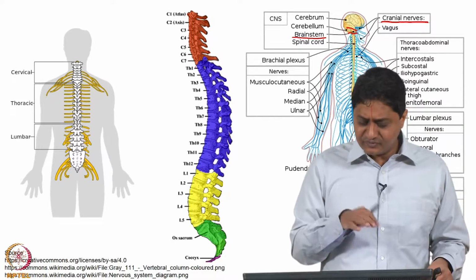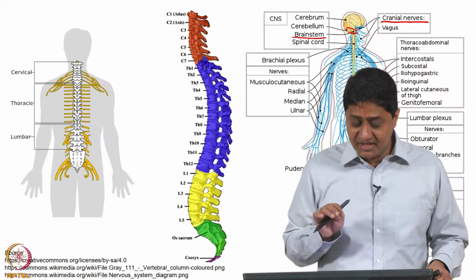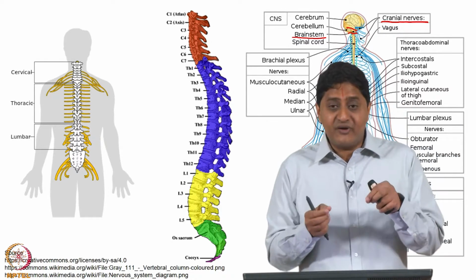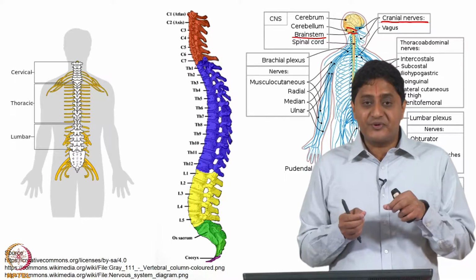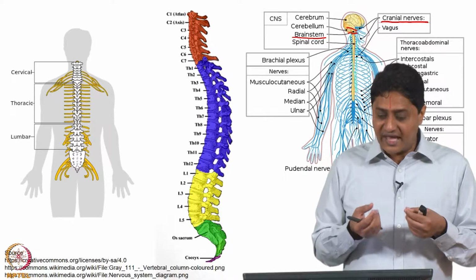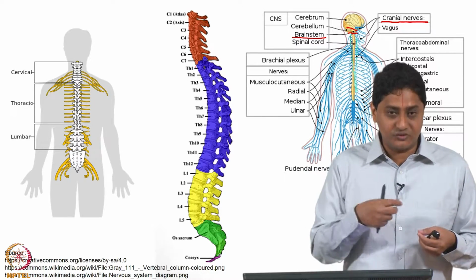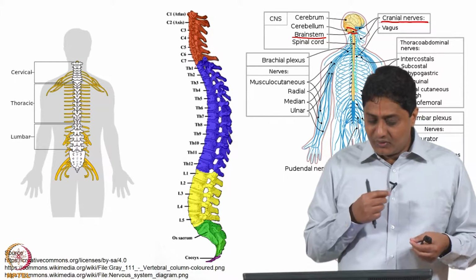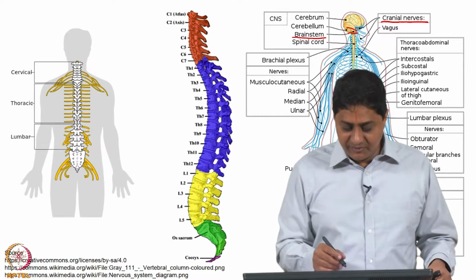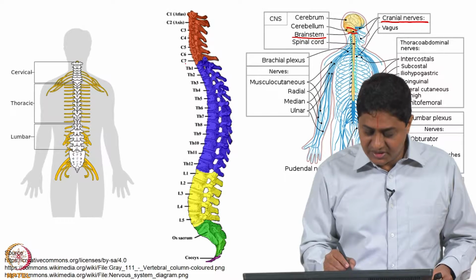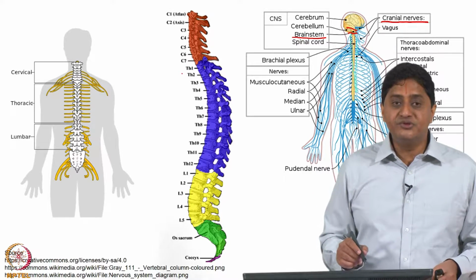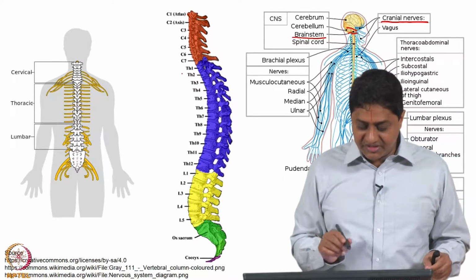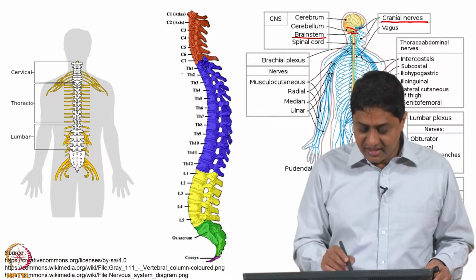So, the comparison should not be stretched. The point is that the vertebral column performs the protective function of carrying the nerve bundles within them, and this vertebral column is composed of several individual vertebra. We will talk about what these vertebra are in the next slides.